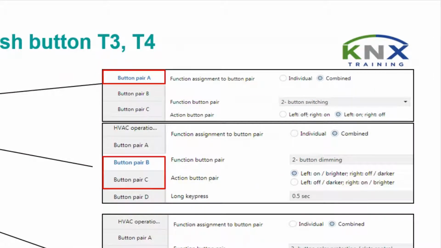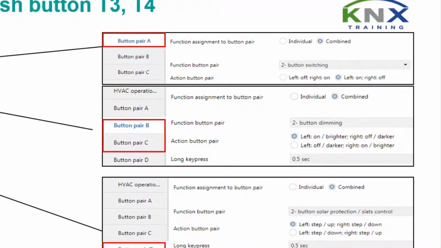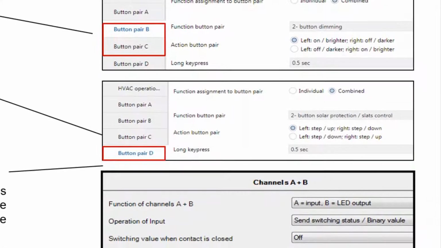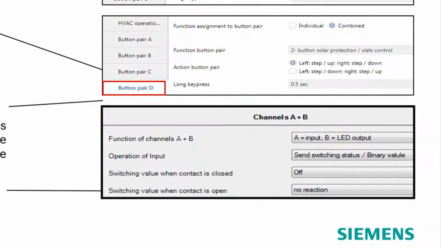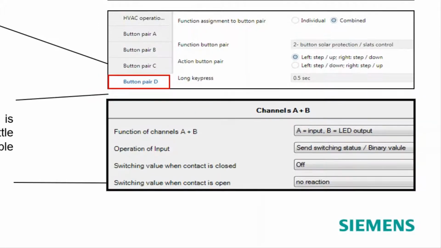The QMX3 shall get the top rocker as a 2-button switch, the next two rockers as 2-button switching and dimming, and the bottom rocker as 2-button solar protection control. The push-button interface's first channel A will be set to A equals input, sending off when contact is closed.